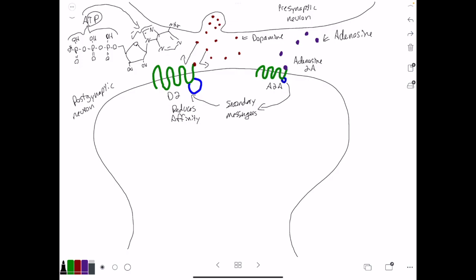And so what are the effects of this? The reduced affinity for dopamine at the D2 receptor.